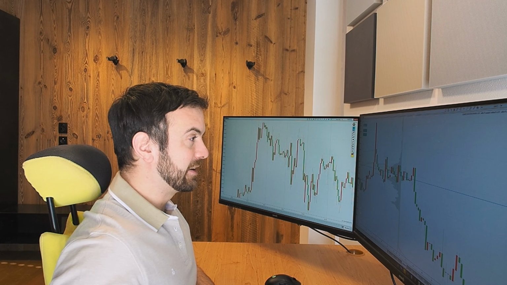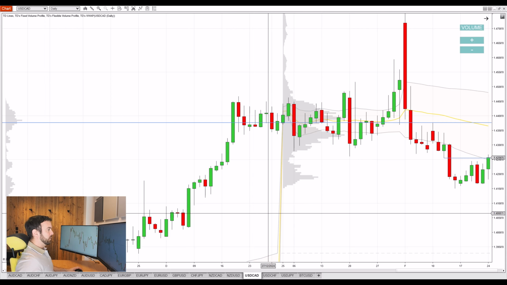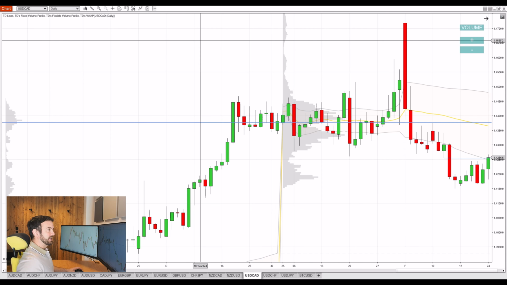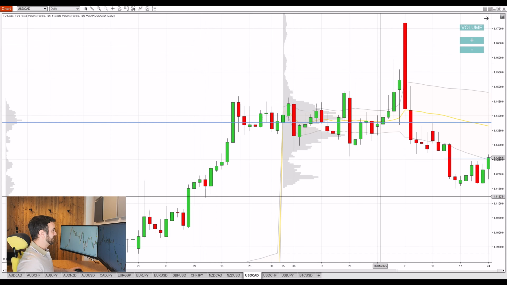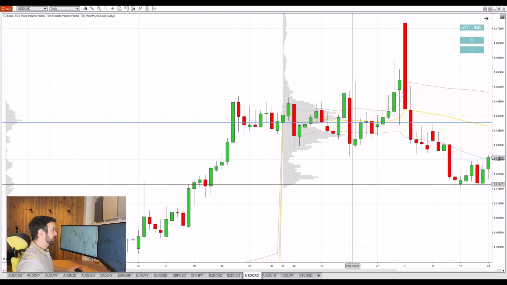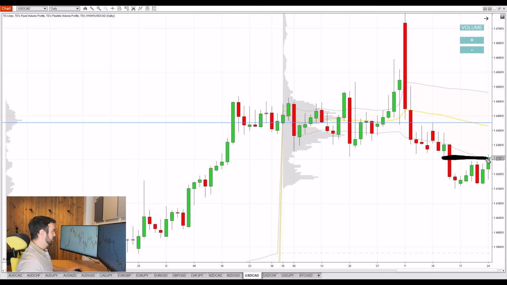So let's now check the trade, and let me first start by showing you the reasoning behind this trade and why I entered it. What you see before you is the daily chart of the US dollar, Canadian dollar. That's where I do my swing trading analysis. The trade which I took was a short, from this place.